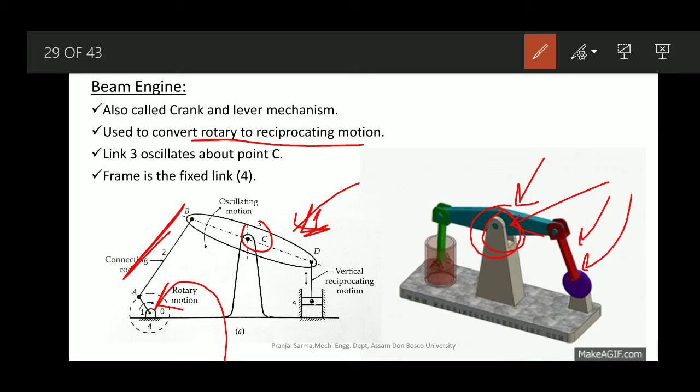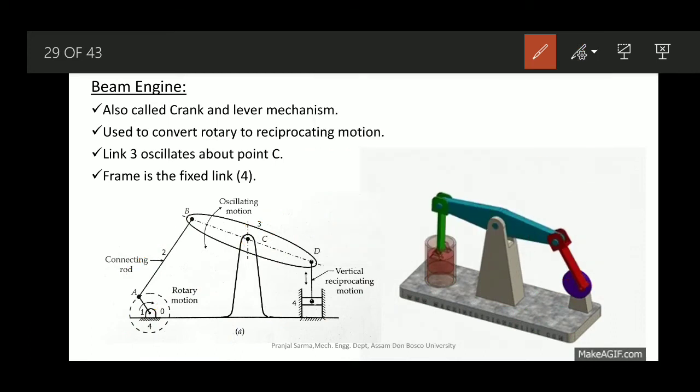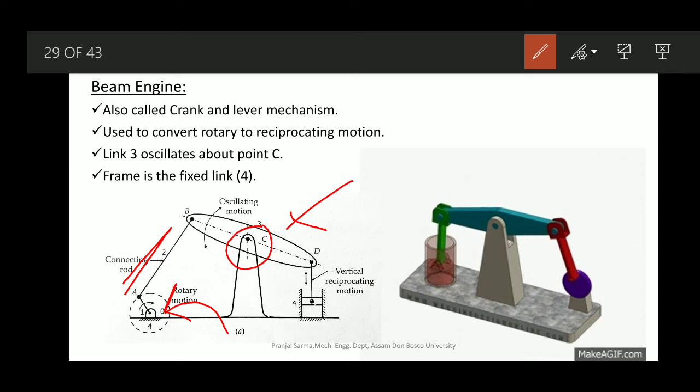This link, which has been numbered as link 3, is numbered 1, 2, 3 and 4. Suppose the prime movement, the initial motion, is here. The connecting rod connects this with link 3, and link 3 is pivoted here, so it can oscillate about this point C. We have this frame here and this piston cylinder kind of arrangement.